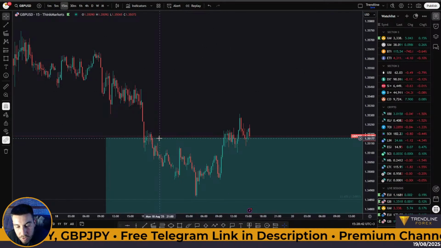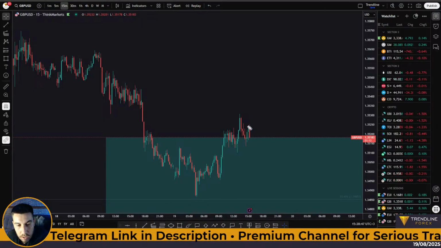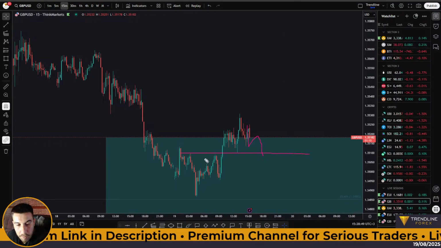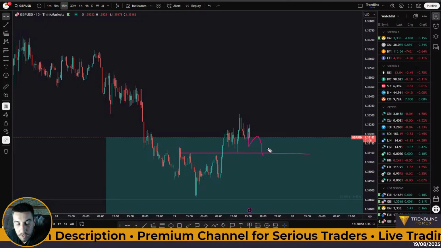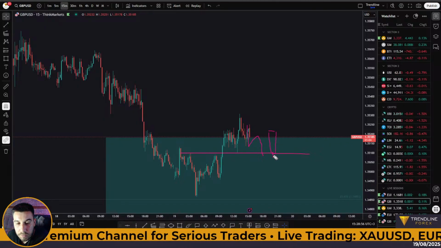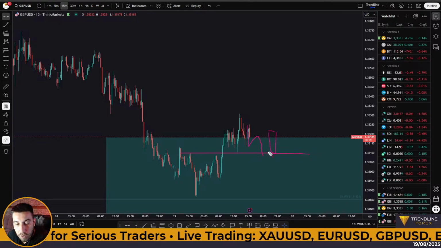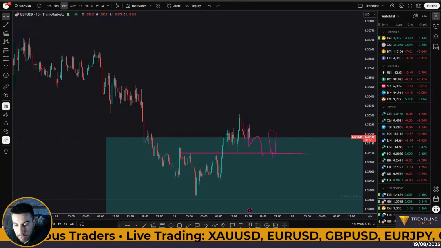I would be observing the smaller time frames here on pound dollar, and let's say we see a little bit of a pullback, maybe a retest of a previous level. And then if I have an engulfing candle or a momentum candle, then I would be looking for potential buying opportunities.